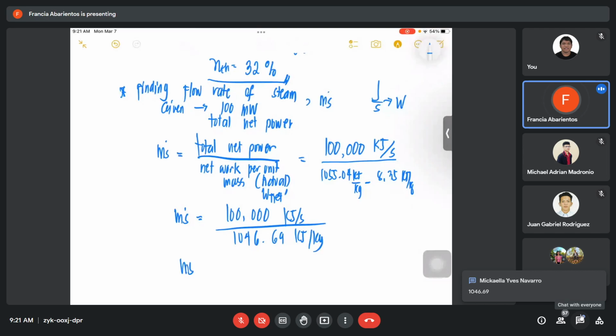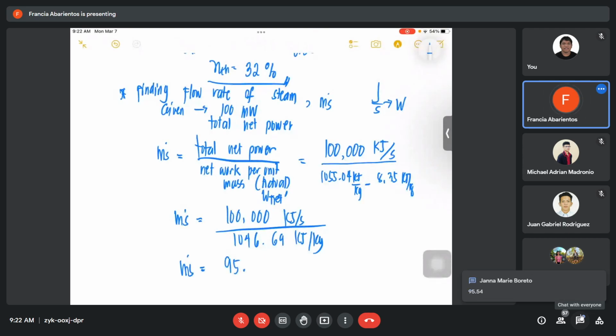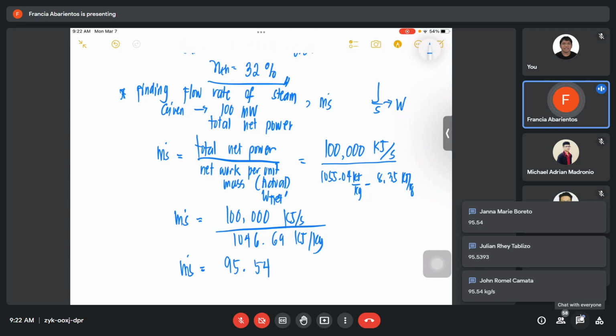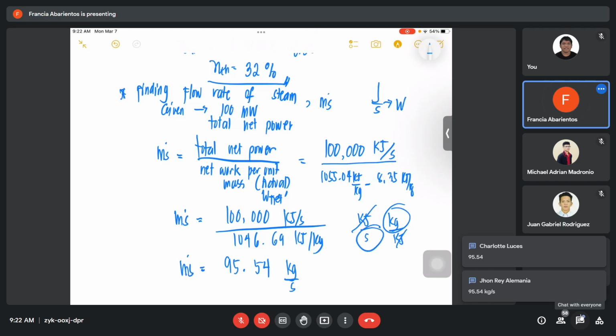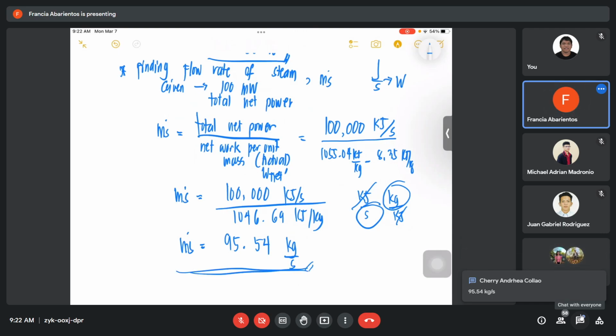So, we have the mass of the flow rate or yung steam natin, flow rate of the steam divided by the 1069. We have 95 point, ano yung answer niya? 54 kilogram per second. Kilojoule per second, the reciprocal, kilojoule. Cancel, kilogram per second. So we have now, pangalawa, we have now the mass of steam. Okay.